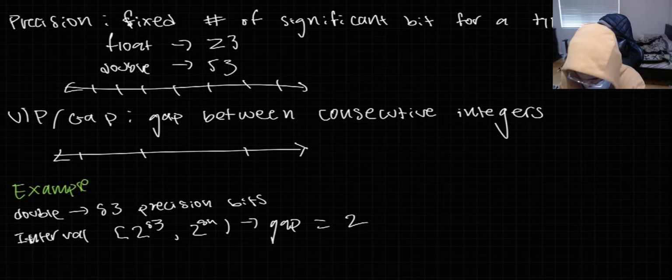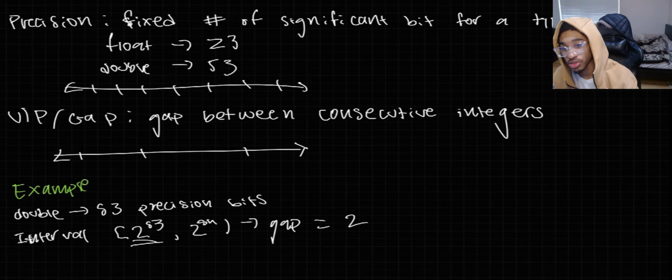Meaning that whatever 2 to the power 53 is evaluated to, if you add 1 to it, C++ is going to return that original number. It won't be the next consecutive integer, because after a certain magnitude, the spacing between representable integers doubles in this specific interval. So let's just say this was 9, and then we tried to do 9 plus 1.